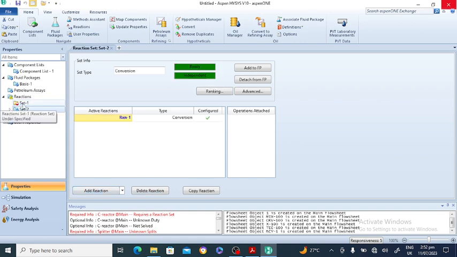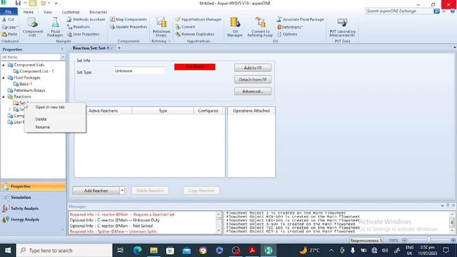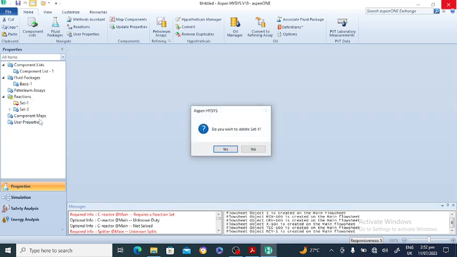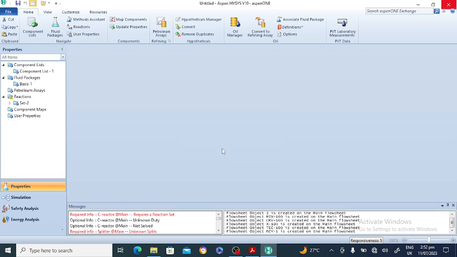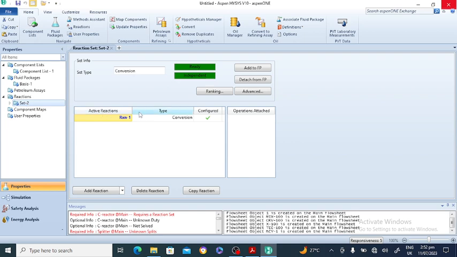This is reaction number 1. Click on this one and delete reaction set 1 because we don't want it. So we have reaction set 2. This is a reaction. Now go to the simulation.